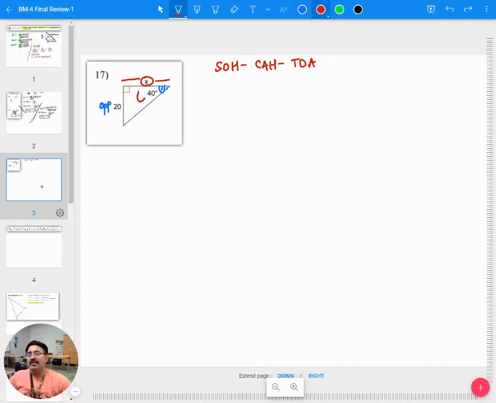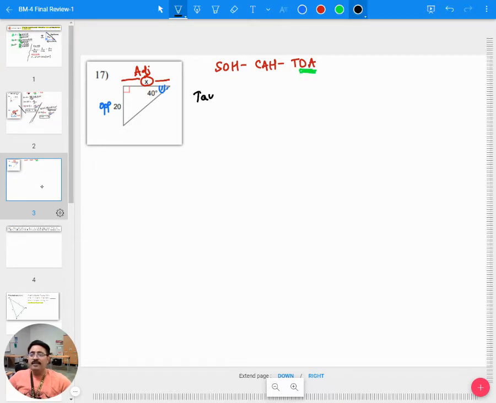Therefore, the other one is going to be the adjacent side. Where do you find adjacent and opposite? You see that OA, so opposite and adjacent. Therefore, we have to go with tan.